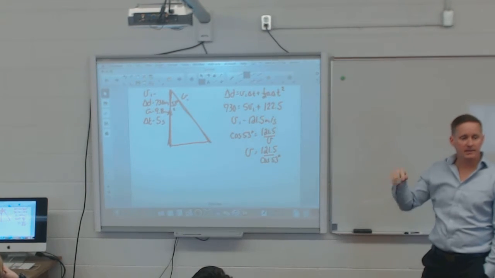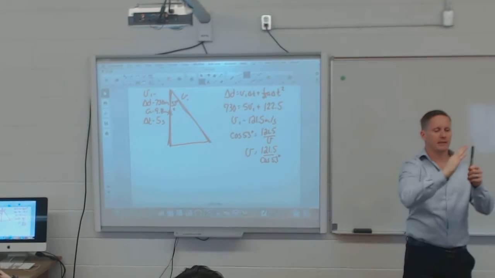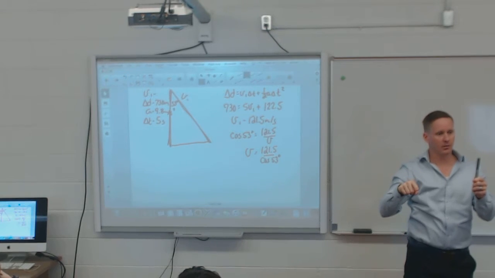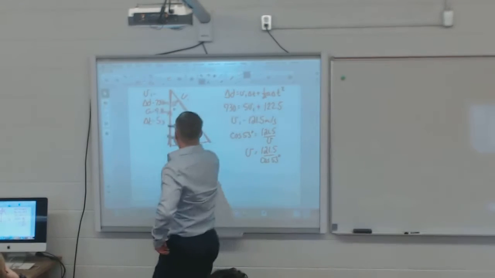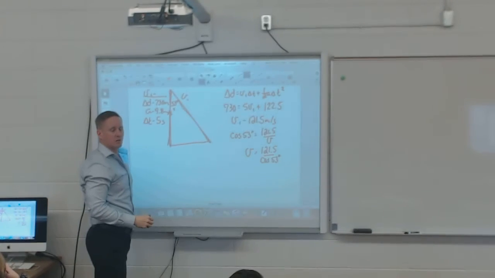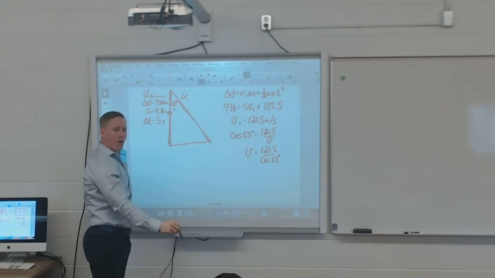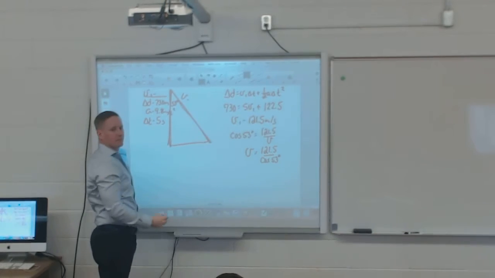Because you have two components. You have somebody moving this way, right? So there's a down component and a horizontal component. The initial down component is your V1. Let's say I was standing on a cliff and I threw a ball down on an angle like this.